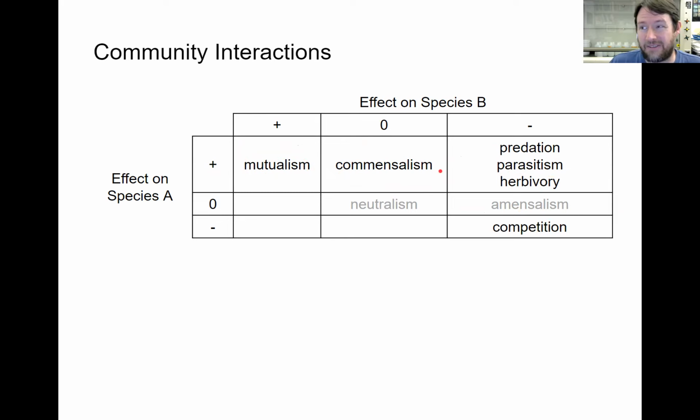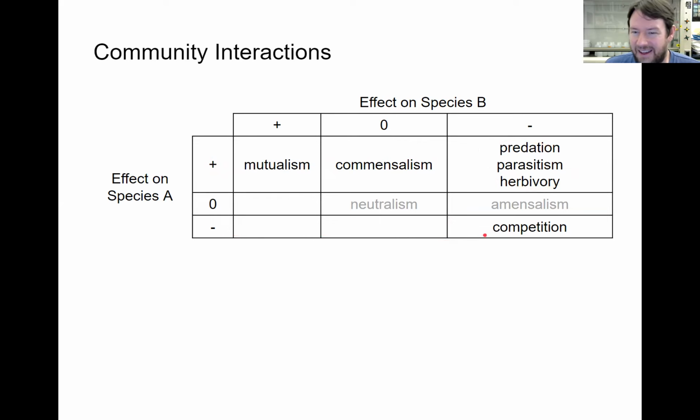It really doesn't matter for the other species, but one species is sure happy about that interaction. And then we have quite a few where one species is benefited at the expense of another. And these we would call predation or parasitism or herbivory. So those we'll talk more about.